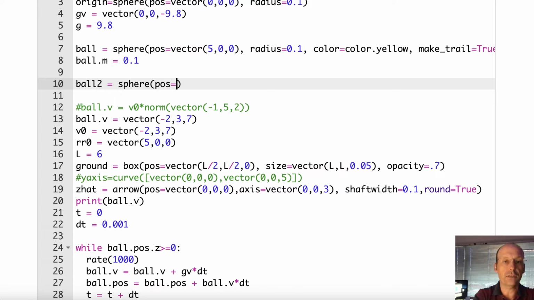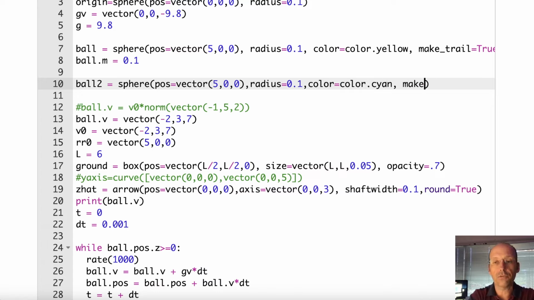Actually, let's just write it out, because sometimes weird things happen when you do that. Vector 5, 0, 0, same starting position. Same radius, radius equals 0.1. Let's make this a different color: color equals color.cyan. And then make trail equals true, and it'll leave a trail.